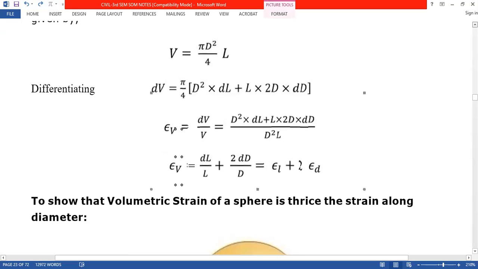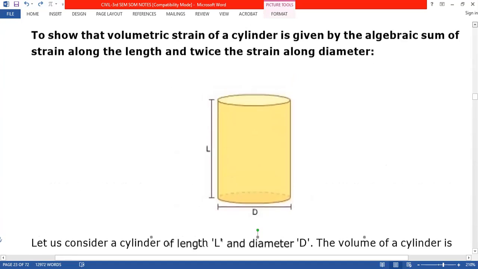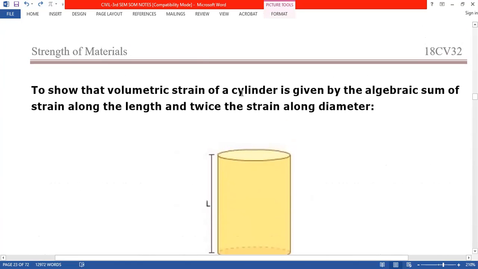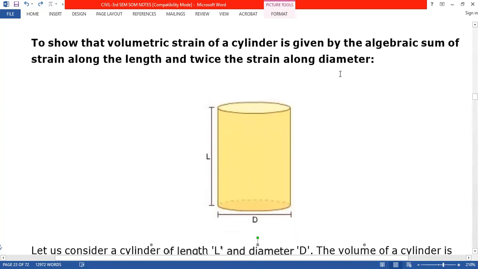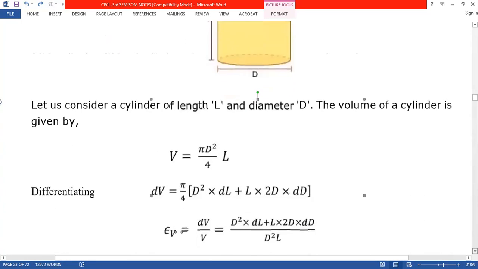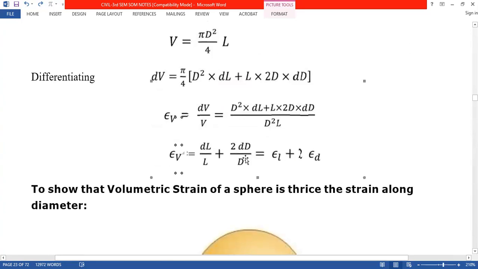This proves that the volumetric strain of a cylinder is given by the algebraic sum of strain along the length, that is dl by l or epsilon l, and twice the strain along the diameter.